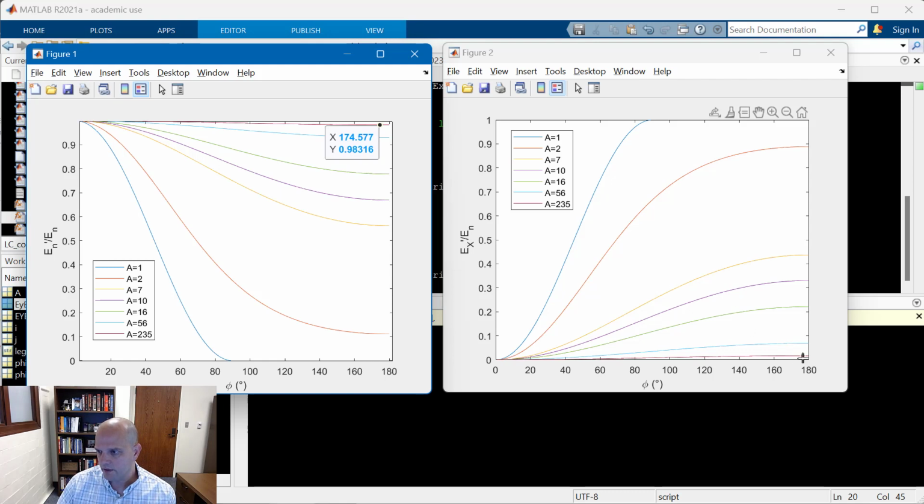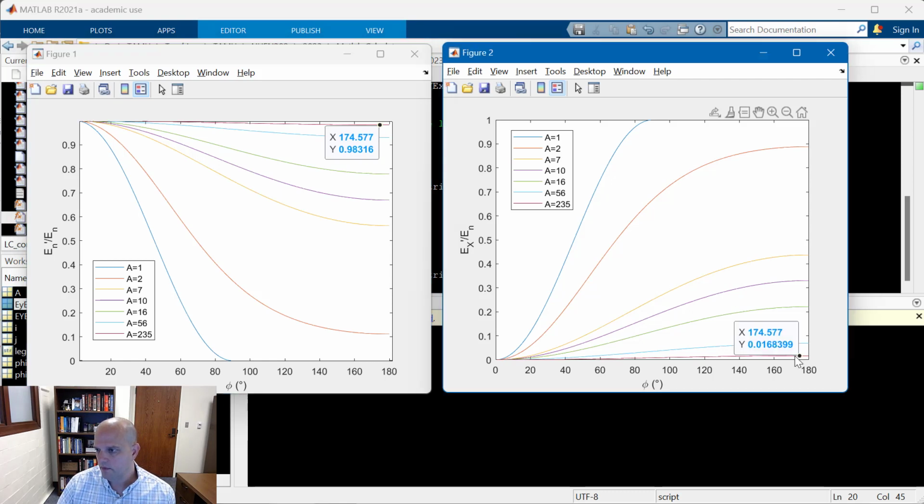And likewise over here, this one is less than 2% because its mass is bigger. This is the target. When I have a large target, no matter what I do in terms of that scattering angle, I don't really see a lot of energy exchange between the two.